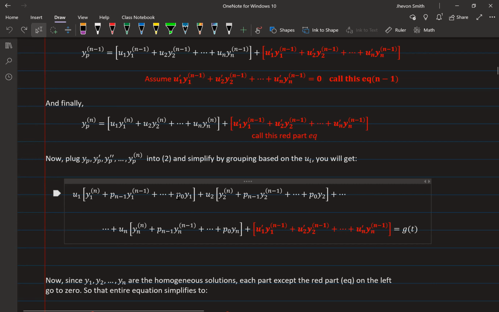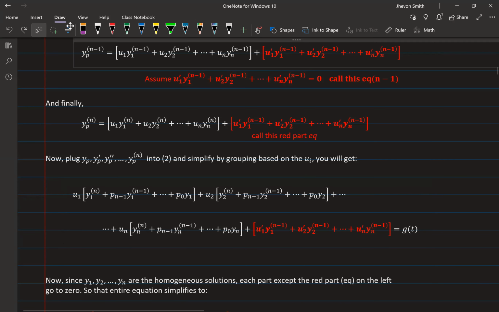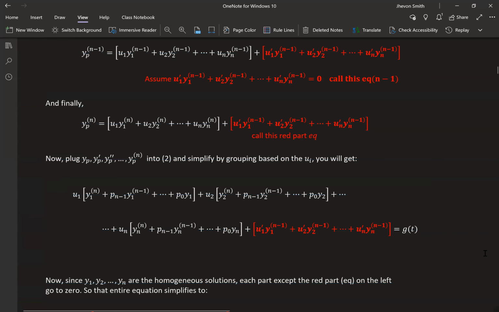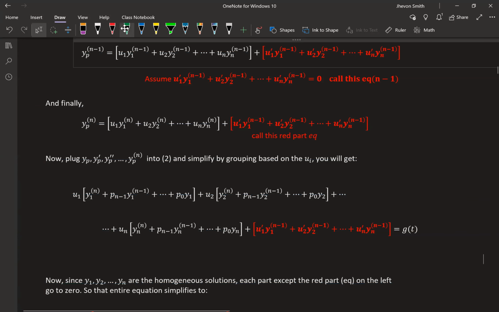And you'll notice that each individual one is going to look like what the original equation looked like. However, it has the y sub i in place of y. Now, what you're going to realize is that all of those guys, I put the red lines here, they will actually be 0 because y1 is a homogeneous solution.